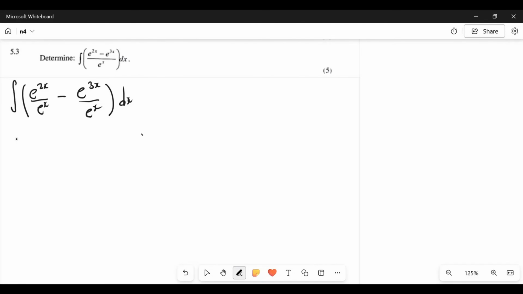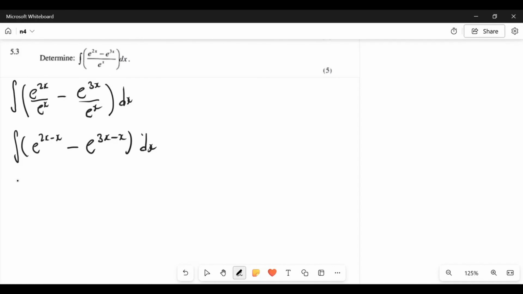So we can write this like this: sigma, open bracket, we have e to the power of 2x minus x. Because of this e, when it goes to the numerator, the exponents will subtract each other. Minus, and we have this one here with e to the power of 3x minus x again, close bracket, dx.